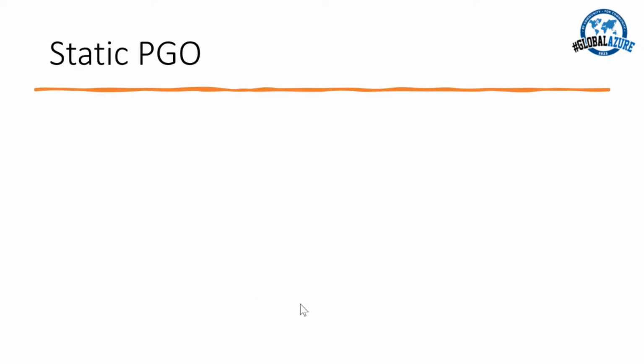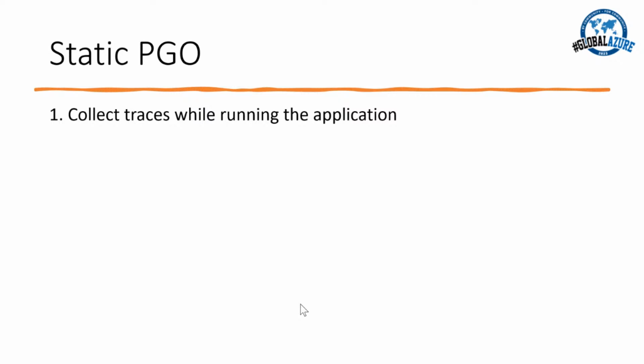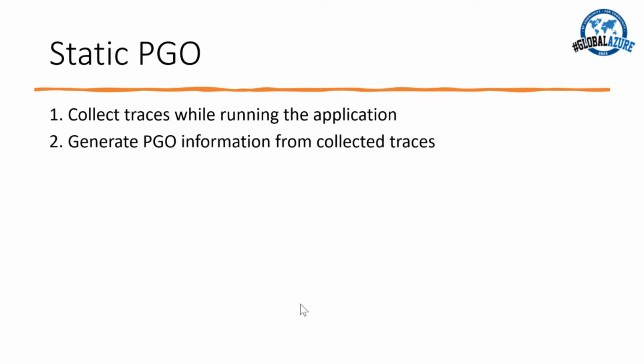And there are 2 ways to do that. In classic .NET, that has been possible all the time. The .NET team has done that, but it's also possible in .NET 6, 7, and 8 through an additional tool. I will show you in a bit. You can collect traces while running the application.